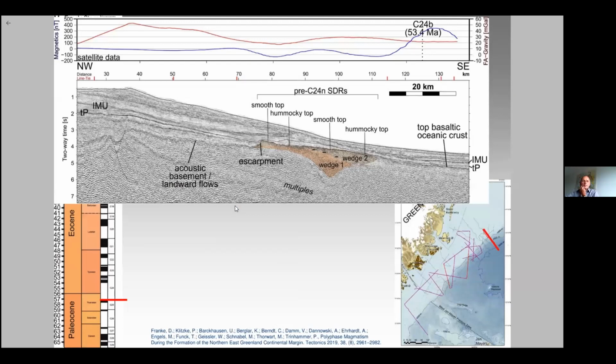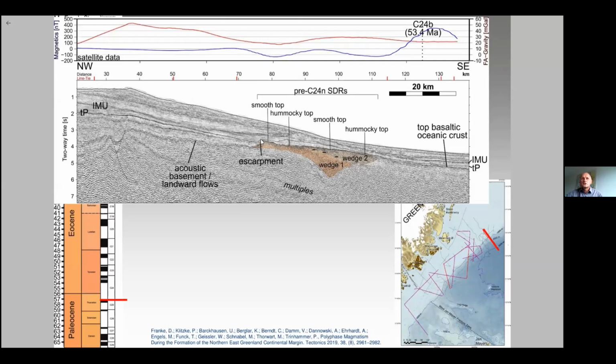So once we are confident that the SDRs are causing the magnetics, we can derive a relative timing from the position of the SDRs with respect to the magnetic anomalies. That's a seismic line from the northernmost part of our study area. From here, where the first clear seafloor spreading anomaly C24b is very well expressed in the oceanic domain.